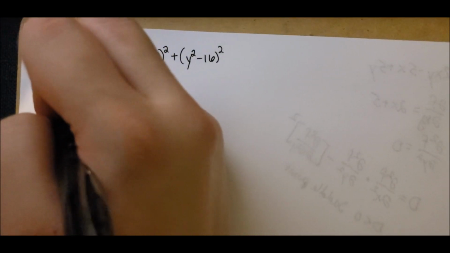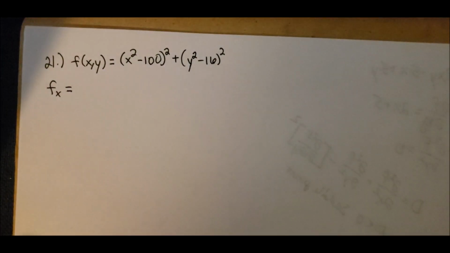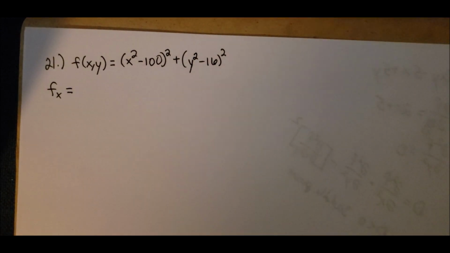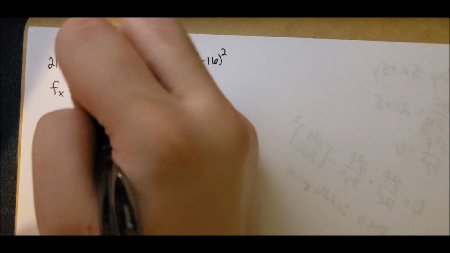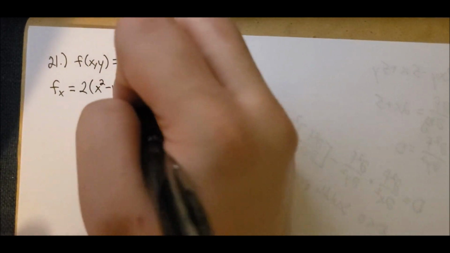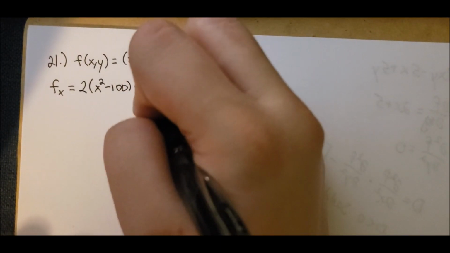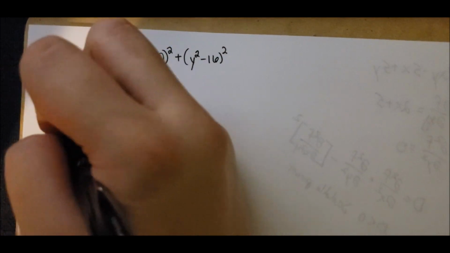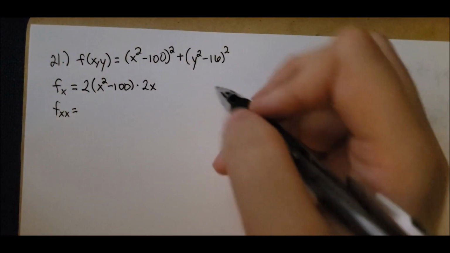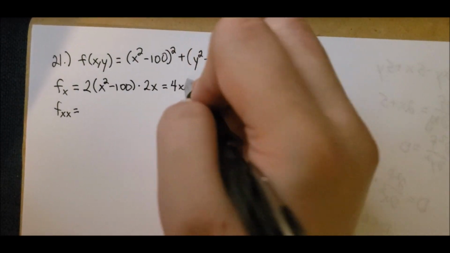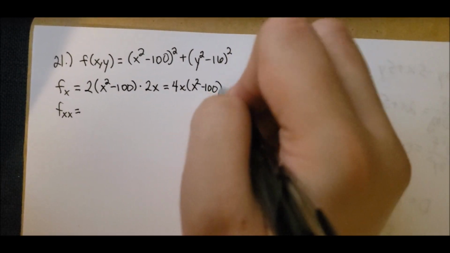So I'll take the first partial with respect to x. It's 4x times x squared minus 100.